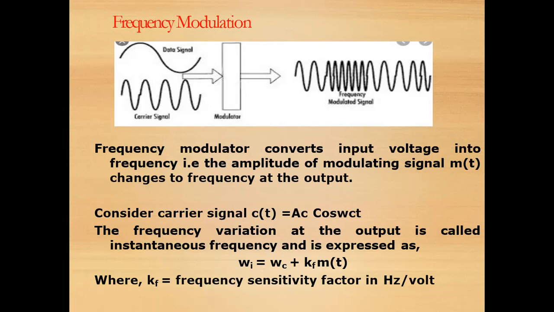How is the instantaneous variation of frequency occurring? The carrier signal frequency is varied with respect to message signal m of t. So I can represent omega i equals carrier frequency, that is omega c, plus some constant sensitivity factor kf into m of t, where m of t is message signal, kf is frequency sensitivity factor, which is measured in hertz per volt.